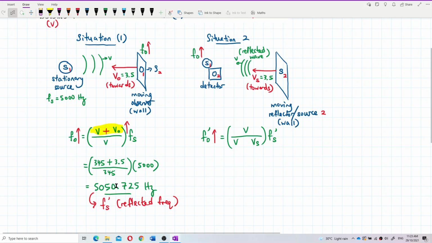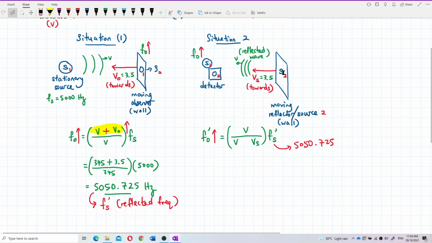So we no longer use 5000. We use 5050.725 to put in here, because it only reflects the frequency it received. It received a higher frequency, so it also reflects a higher frequency. Understand? Not 5000.